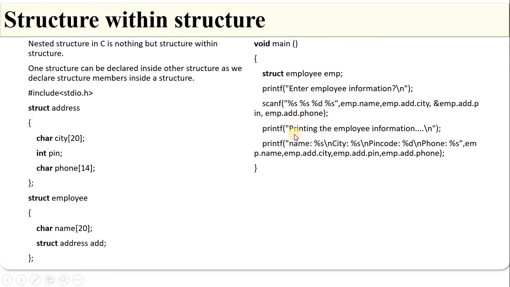Then to print, I'm printing the employee information onto the screen. To print the name, emp dot name. To print the city, emp dot add dot city. To print the pin number, emp dot add dot pin. To print the phone number, emp dot add dot phone. Hope you got to know how to access the members of a structure within a structure.